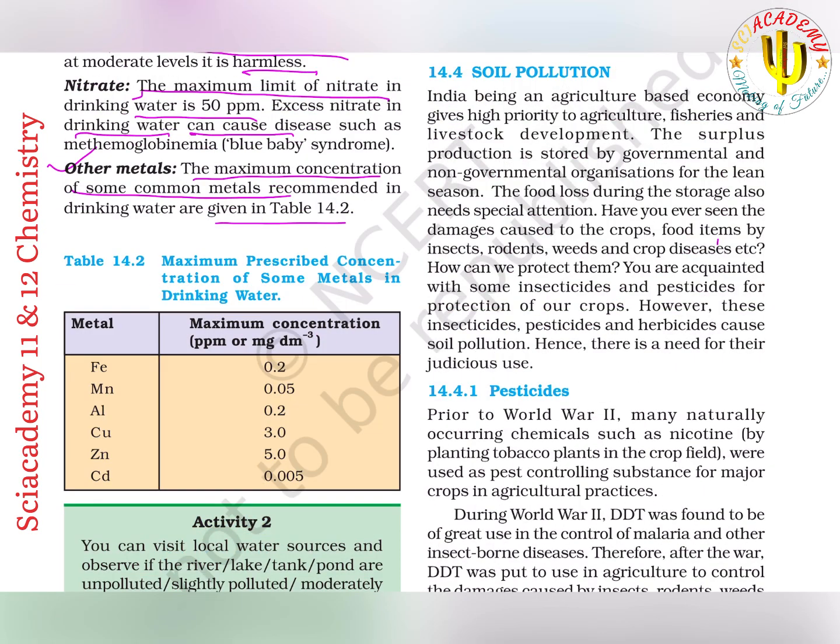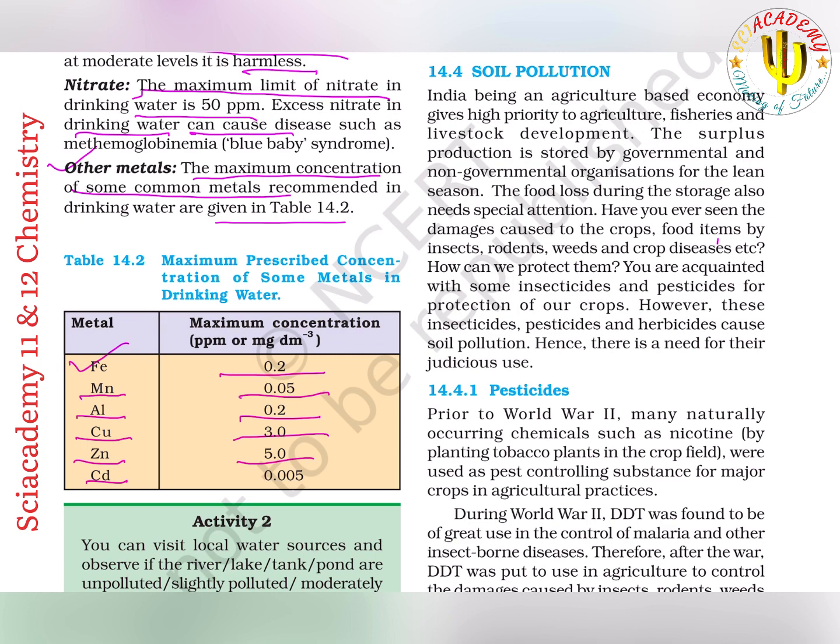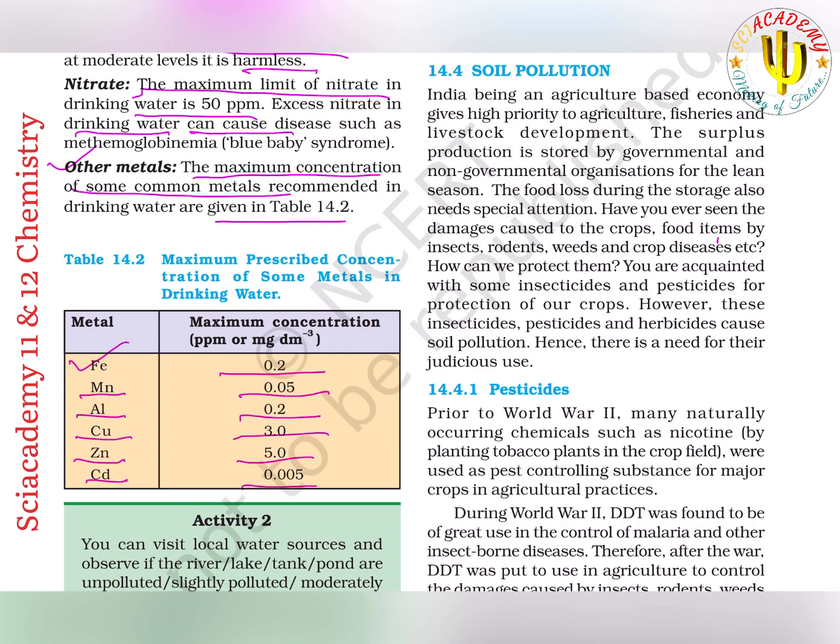Maximum concentration for iron is 0.2, for manganese is 0.05, for aluminum is 0.2, for copper it is 3, for zinc it is 5, and for cadmium it is 0.005 milligram per decimeter cube.